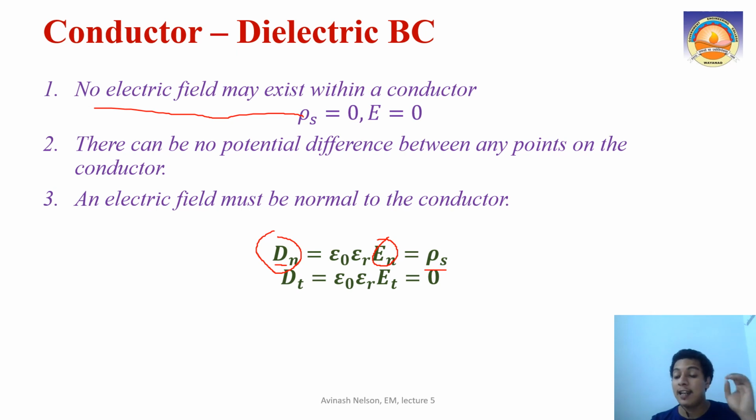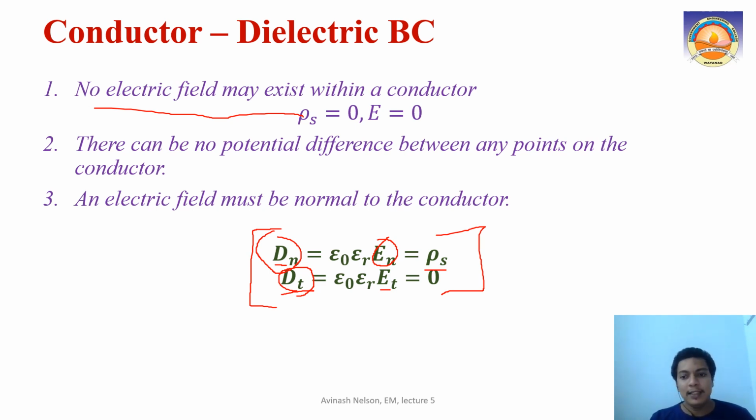Every time you see a conductor and a dielectric, on the boundary you will have a normal component of electric field intensity as well as flux density, and you will not have any tangential component of either, because we already proved Et equals 0. Since Et equals 0, epsilon r Et, the tangential component of flux density, also will be equal to 0. So these are the boundary conditions when you are considering a conductor dielectric boundary.